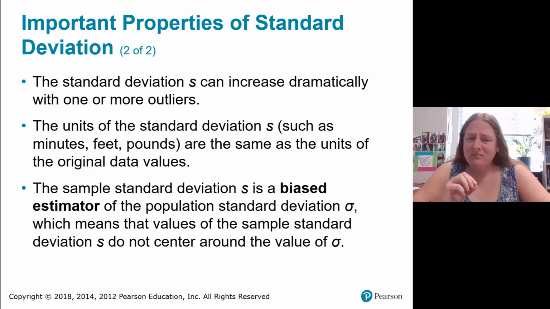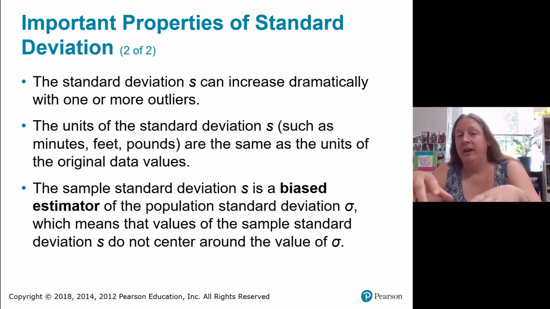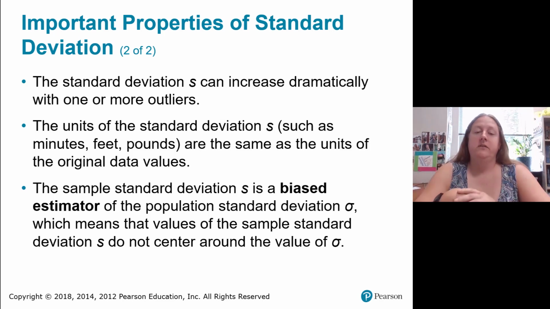And when we look at sample standard deviations, so if we took a whole bunch of different samples from the same population and found the standard deviation for each of them, those sample standard deviations are not going to be centered around the population standard deviation. Because of that, we say that the sample standard deviation is a biased estimator of the population standard deviation.